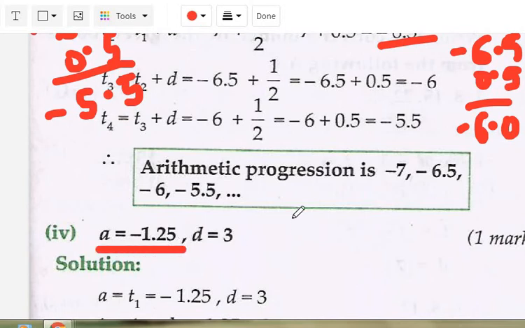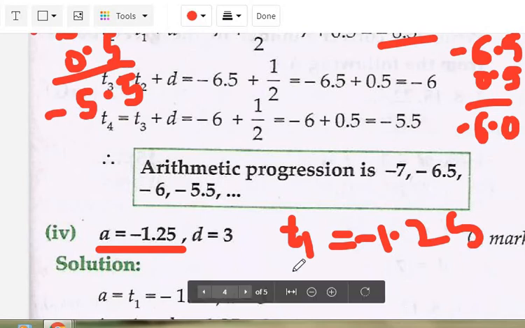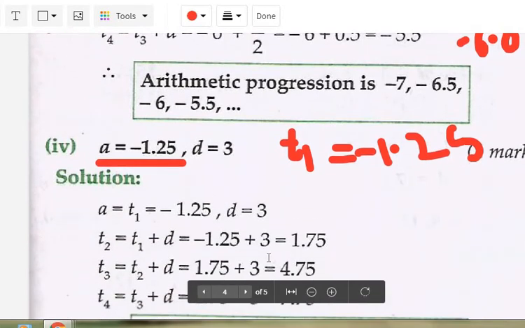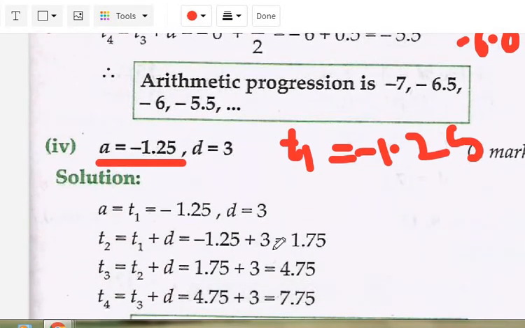Next one: a is equal to minus 1.25, that means your t1 is equal to minus 1.25, and d is 3. How to find t2? t2 is t1 plus d. Now t1 is minus 1.25 plus d is 3.